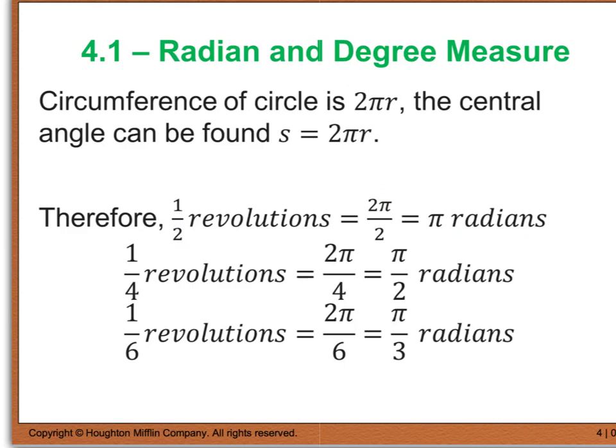Based on that, I know that I'm going to have 2 pi radians for every 360 degrees, or 1 full revolution. If I have 1/4 of a revolution, I'm going to take 2 pi, divide it by 4, and I end up with pi over 2. If I have 1/6 of a revolution, I'm going to take 2 pi, divided by 6, and I end up with pi over 3.